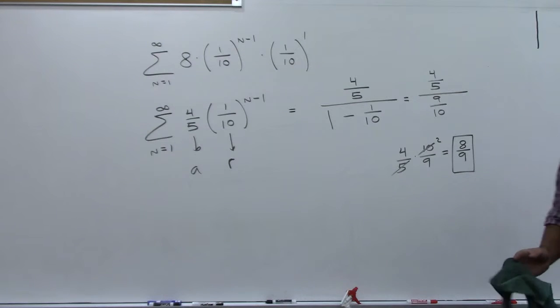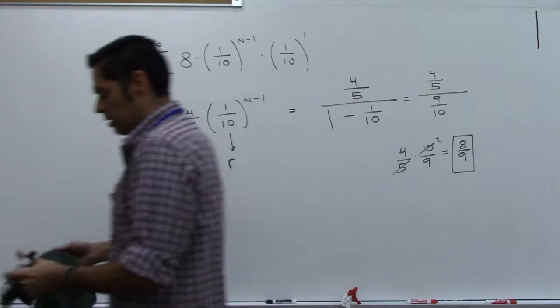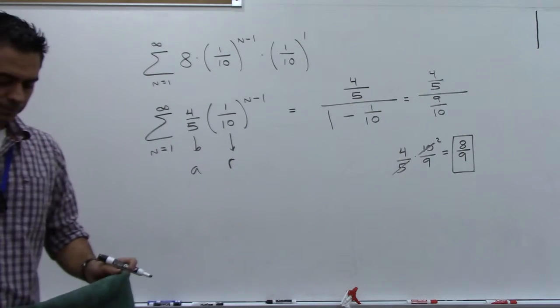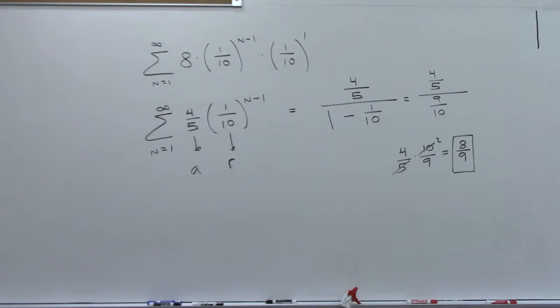If you take the number 8 and divide it by 9 on your calculator, you should get 0.88888 forever. That's the first example. It's pretty clean. Let me do 33, and that will probably help you do number 32 and 34 on your own.